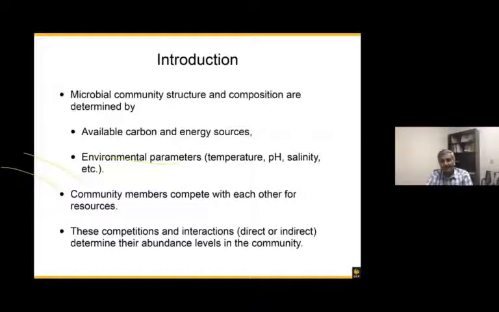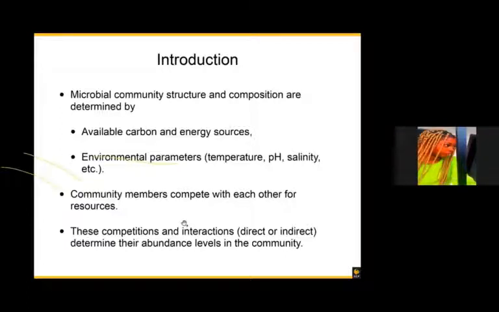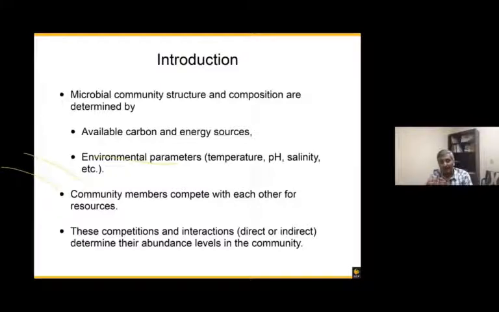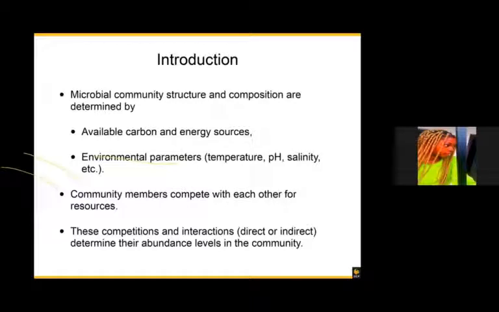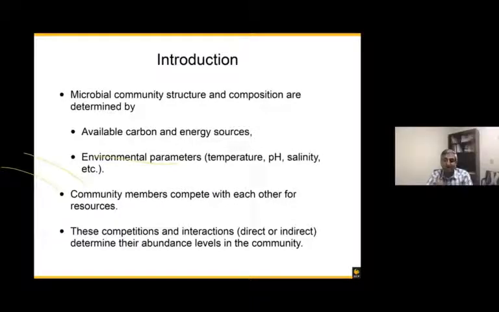Now, the thing to keep in mind is that in a microbial community, the community members compete with each other for resources. And it's these competitions and interactions, which could be direct, like microbe A competing or cooperating with microbe B to share food, or indirect, where A and B compete or cooperate with each other, and that leads to an impact on microbe C. And so the idea is that these factors, together with the competitions and interactions, really determine the abundance levels of the microbes in the community.